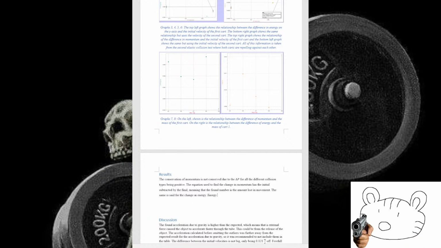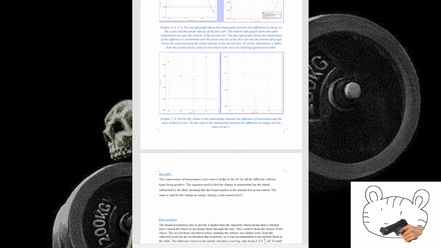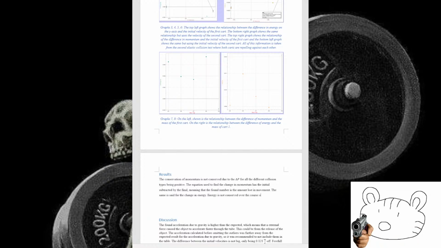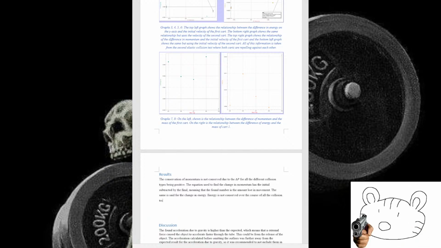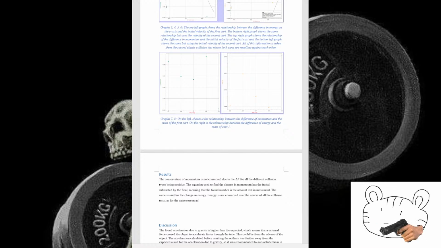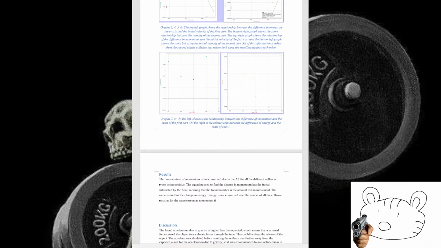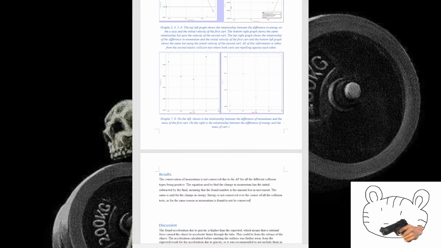Energy is not conserved over the course of all the collision tests, for the same reason as momentum is found to not be conserved.